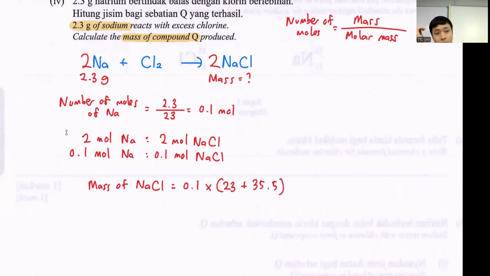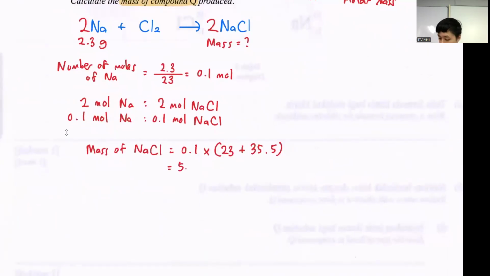Normally they also give 35.5. Normally in paper one they don't give the periodic table, that's why they tell you RAM equals so much. In paper two, sometimes you have to use your own periodic table to find out. So in this case, it's 5.85 gram. Am I right?